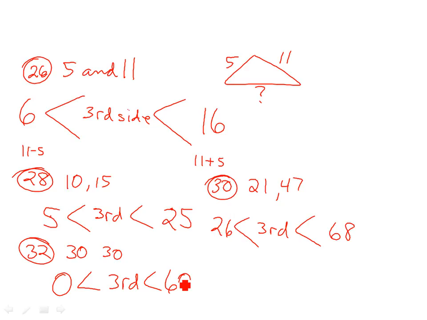If each one's 30, 60's going to be too far, because then those two sides together make a complete straight line or a straight angle. So it could go up to, like 59.9, where it's bent just a little bit there. So it goes from 0, it could be any triangle through there till it gets to there, and then it can't be a triangle anymore.